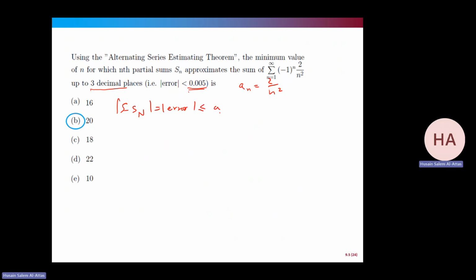I know it's less than a(n+1), and they want that to be less than 0.005. So I have 2 over (n+1) squared less than 5 over 1000, which is 1 over 200. Yeah, so I have what?